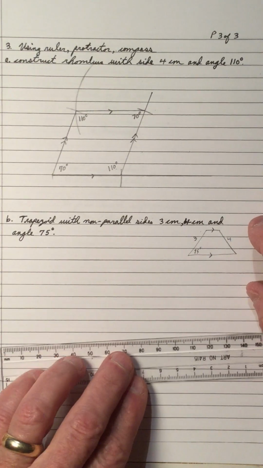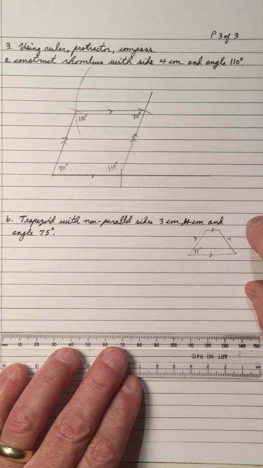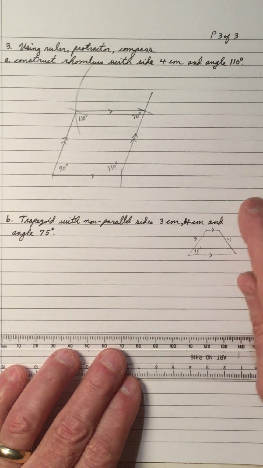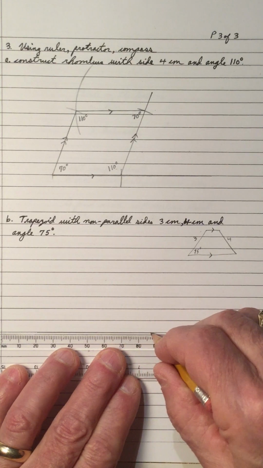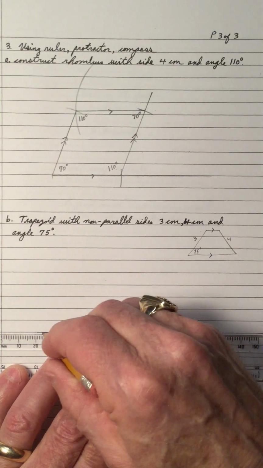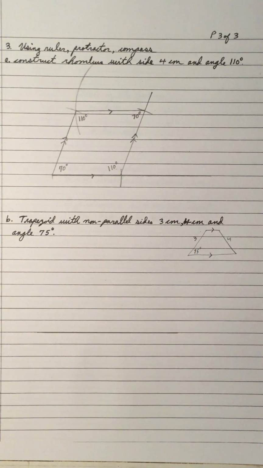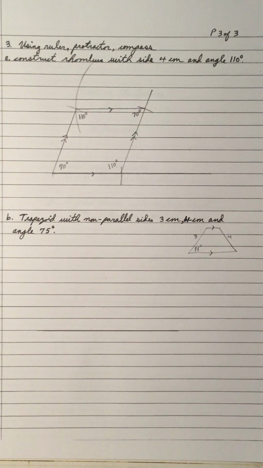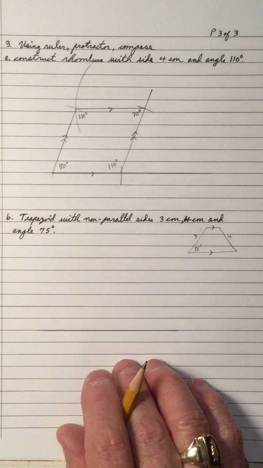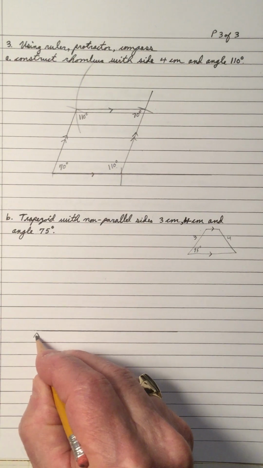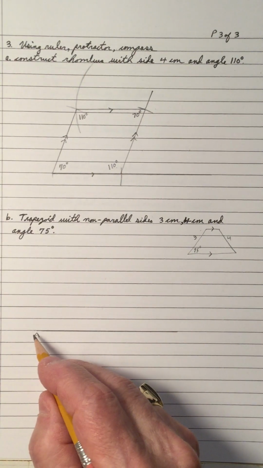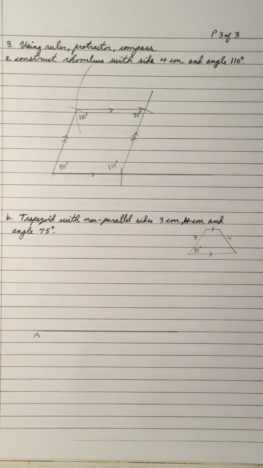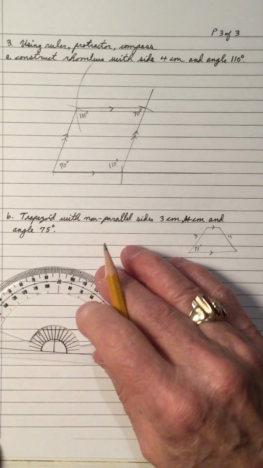So here we go again. We'll draw the segment. There we go. Now I don't know what this length is going to be, so I have to pick a point, and let's pick this point right here and call it A. So I'm going to mark off the angle at A. I'm going to make angle A 75 degrees.